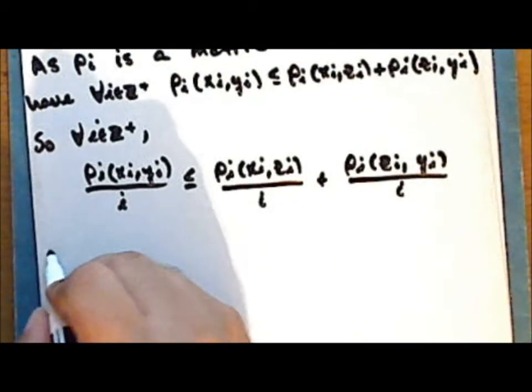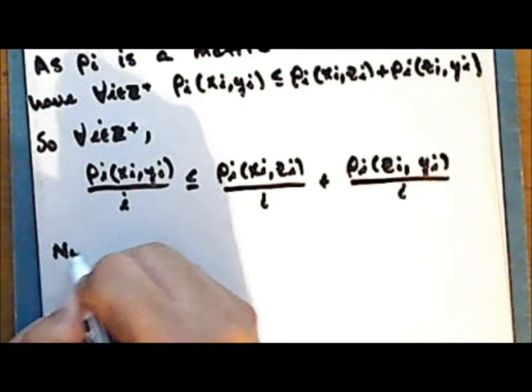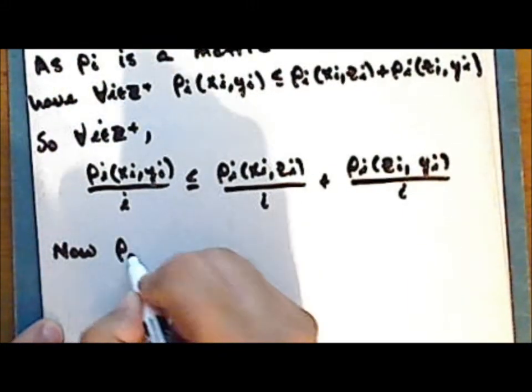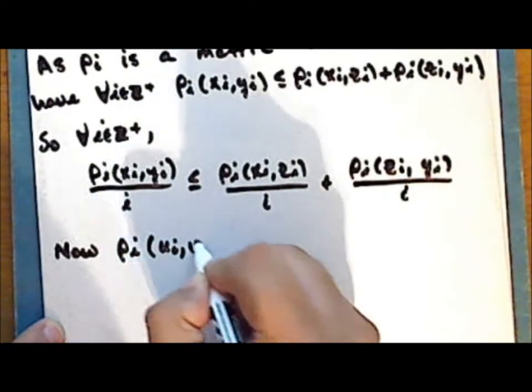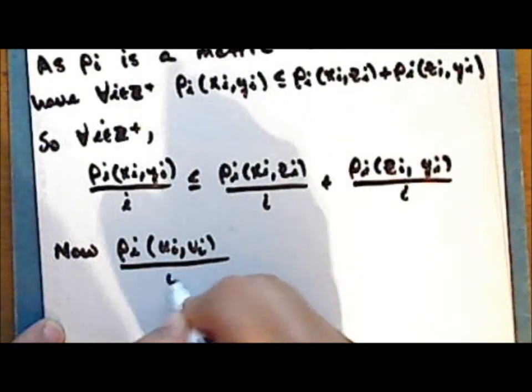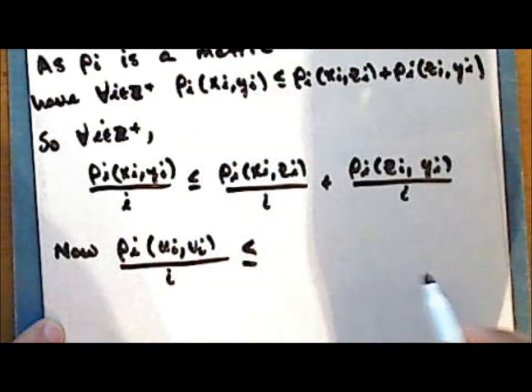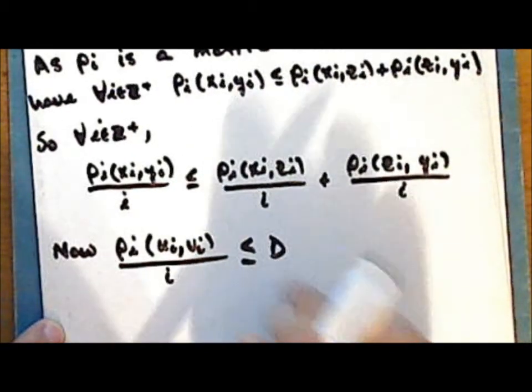Now, by the definition of the metric capital D, we know that rho_i from any point u_i to v_i over i is less than or equal to its supremum.